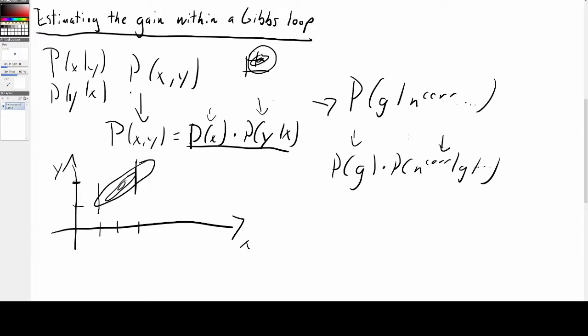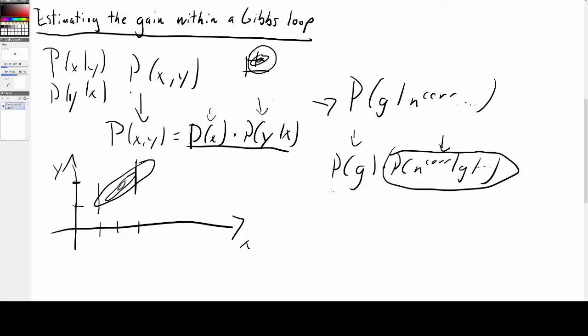Now note that this second step is exactly the same as a normal Gibbs step for the correlated noise, so this step is completely unchanged. The first step, however, means that we don't consider the correlated noise as a known quantity. Instead, we have to marginalize over it. And we will see how that plays out in practice once we consider the actual sampling equations that we will use.